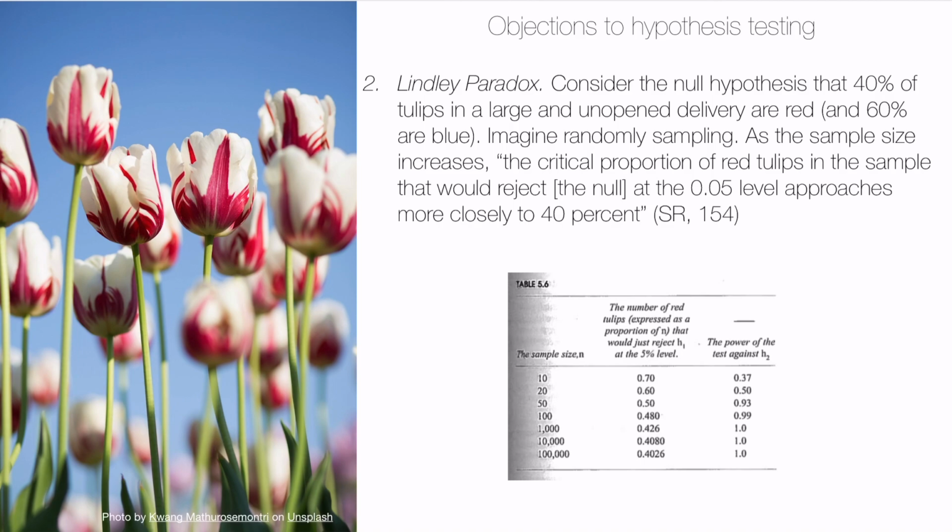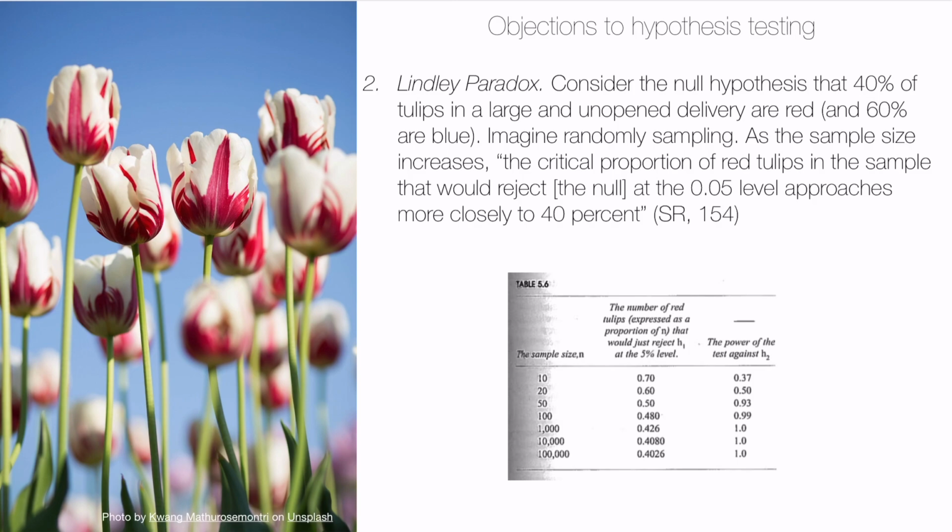And so let's assume for this hypothesis test that the alpha, or the type 1 error rate, is 5%, and that we would reject the null hypothesis if we got a p-value that was less than 0.05. And that p-value would always be associated with some proportion of red tulips.